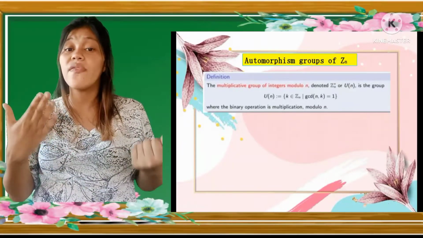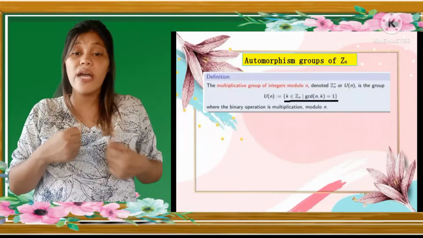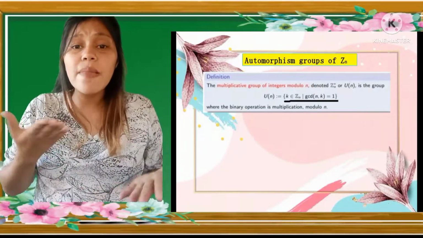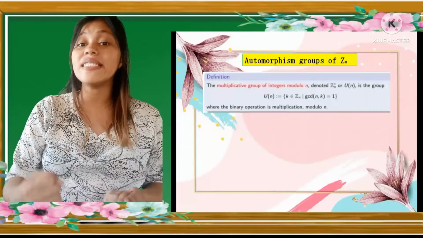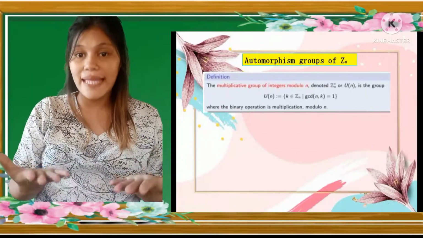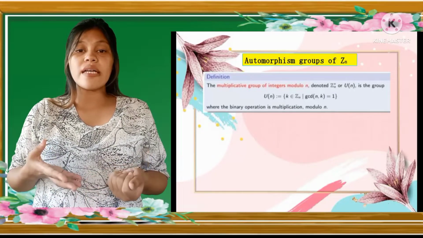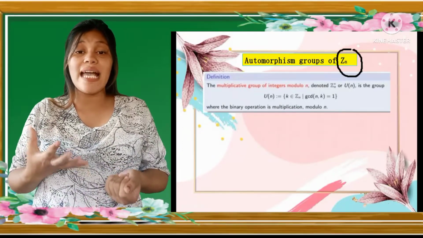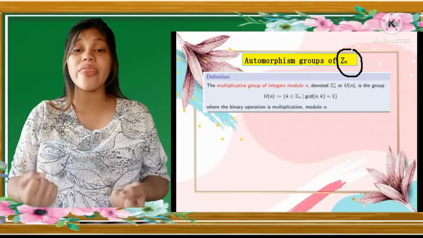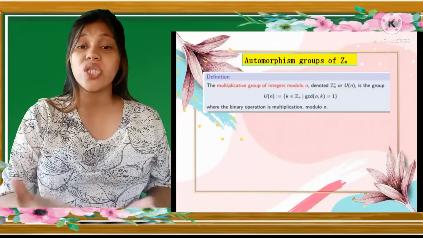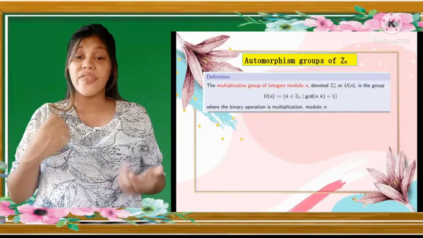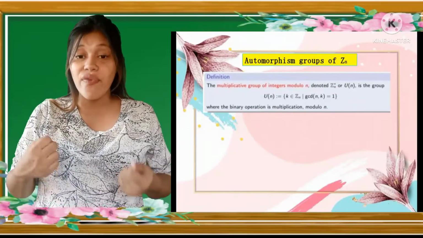This is the group of all integers modulo n that are relatively prime to n, and the binary operation is multiplication modulo n. So recall that the integers Cn form a group under addition, but they do not form a group under multiplication, because we could have things like this in C4.